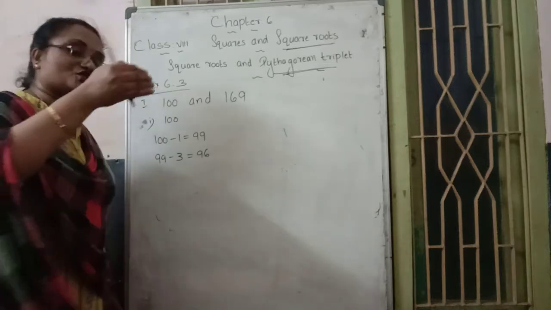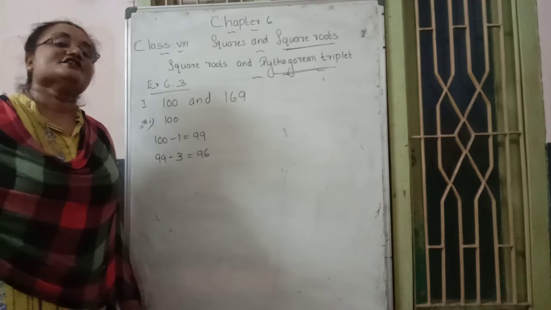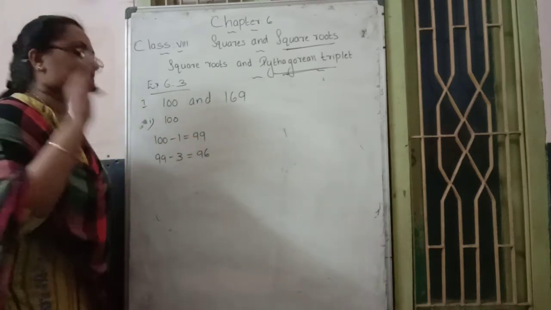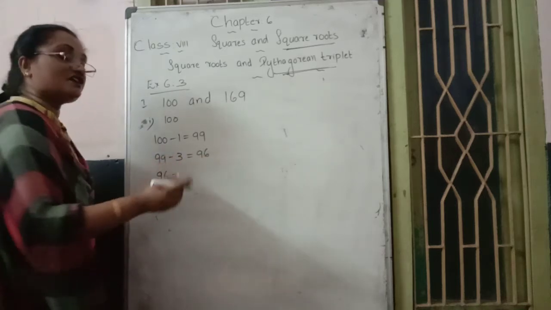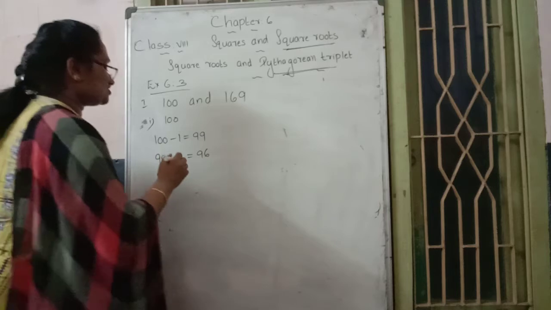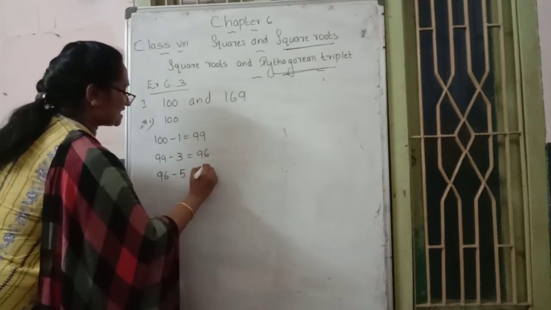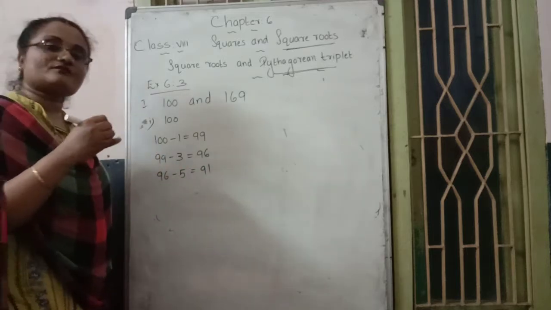Again, our aim is to subtract until the final answer becomes 0. Next, 96 is subtracted with the next odd number, 5, so the answer is 91.